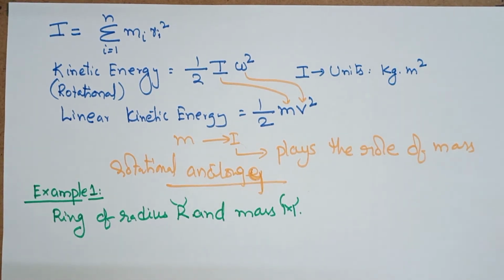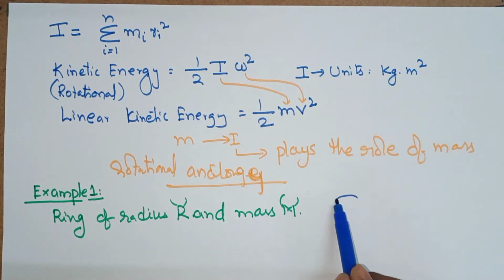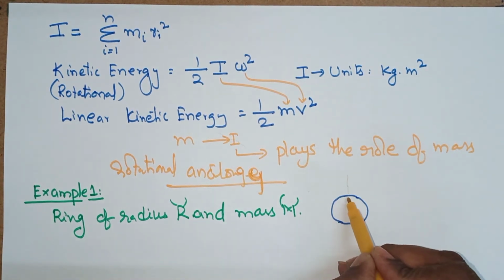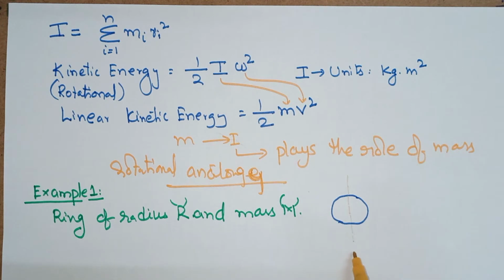Now we see a simple example of how to find the moment of inertia of a simple ring having mass m and radius r. So this is a simple ring. This is the axis of rotation.